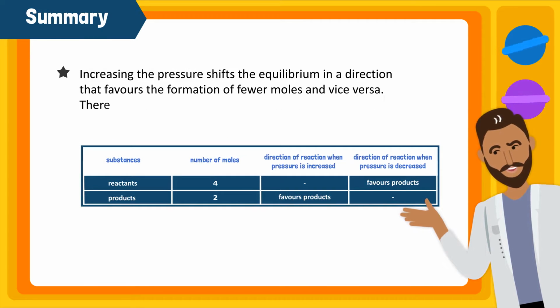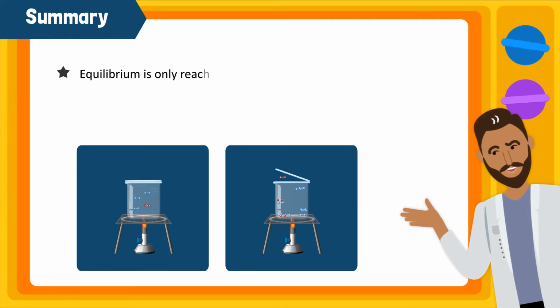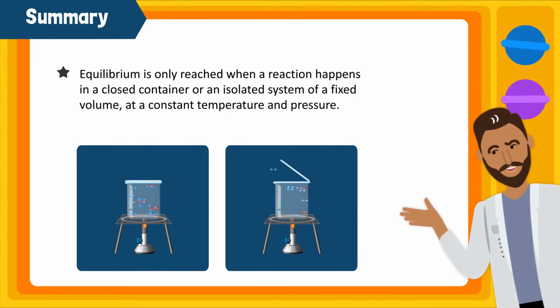Increasing the pressure shifts the equilibrium in a direction that favors the formation of fewer moles and vice versa. Therefore, pressure and volume must be kept constant to maintain an equilibrium. Equilibrium is only reached when a reaction happens in a closed container or an isolated system of a fixed volume at a constant temperature and pressure.